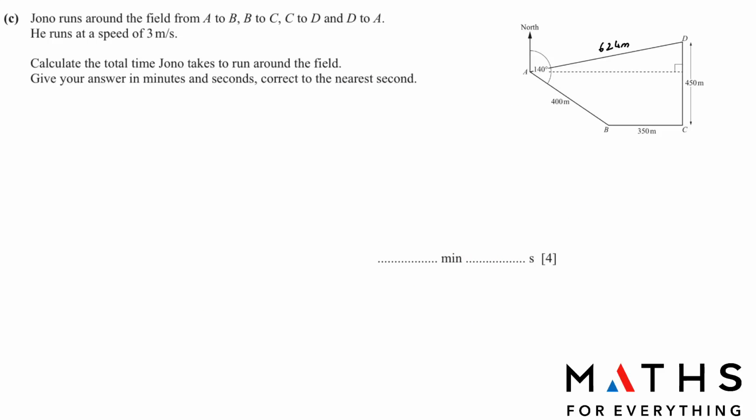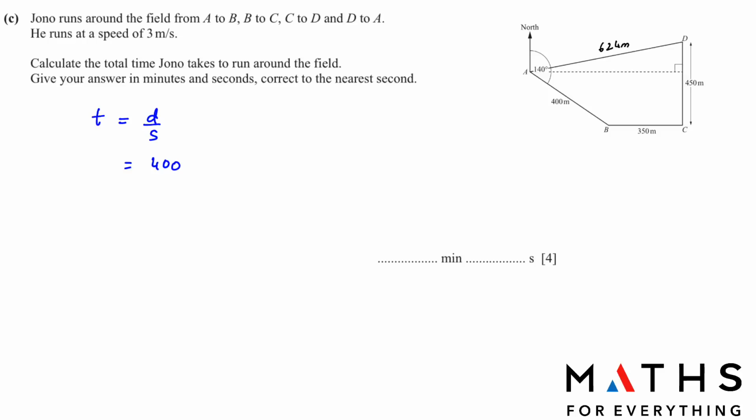The next question: Juno runs the field from A to B, from B to C, C to D, and D to A at a speed of 3 meters per second. We have to calculate the total time Juno takes, and we want the answer in minutes and seconds. A very easy question. Time is equal to distance over speed. So the distance has been given to us.